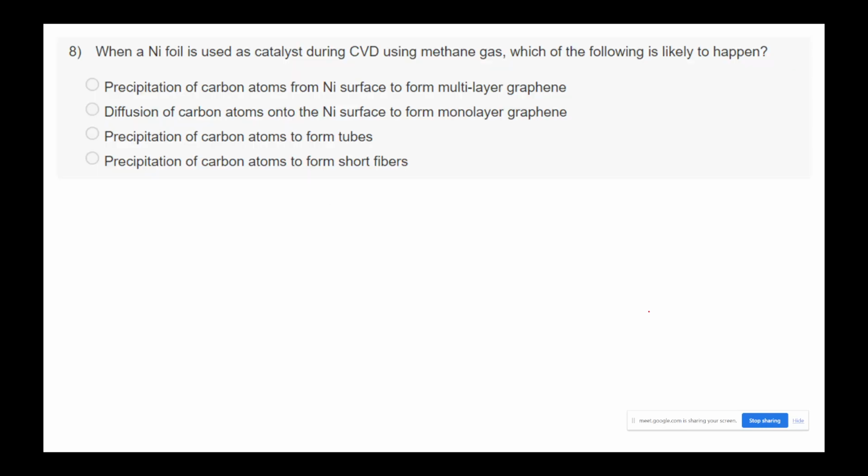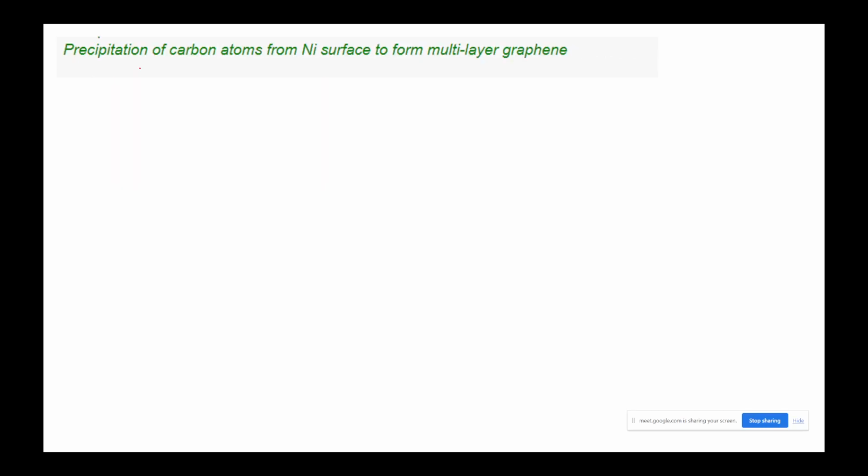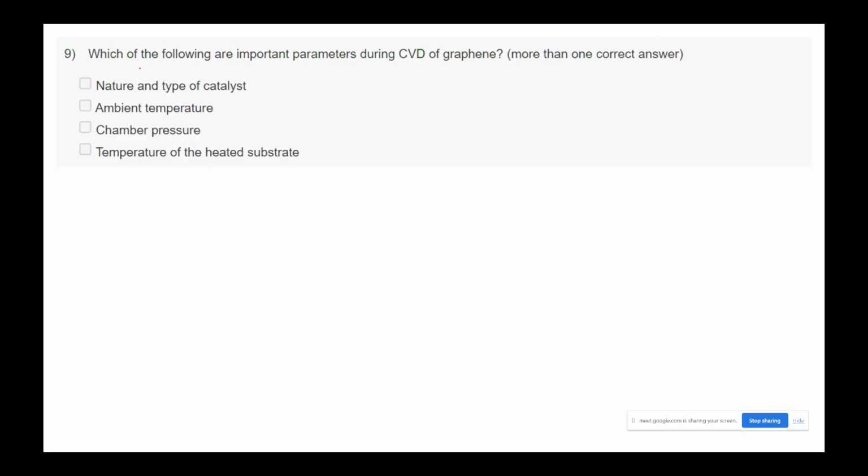When a nickel foil is used as a catalyst during CVD using methane gas, which of the following is likely to happen? If you use a nickel foil, then basically precipitation of carbon atoms from the nickel surface forms multi-layer graphene. Which of the following are important parameters during the CVD of graphene?